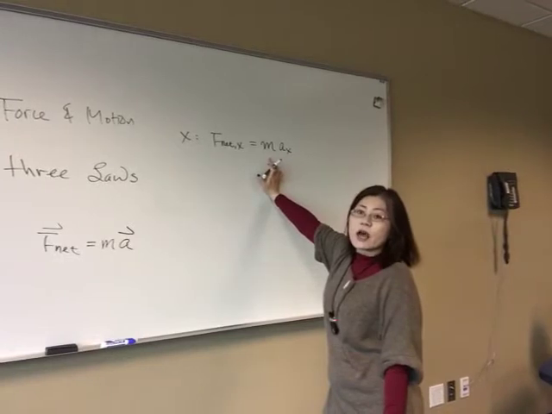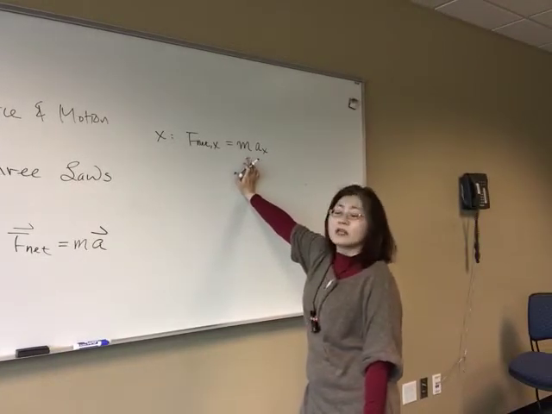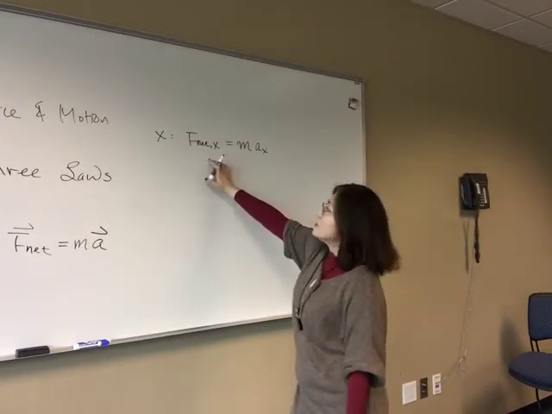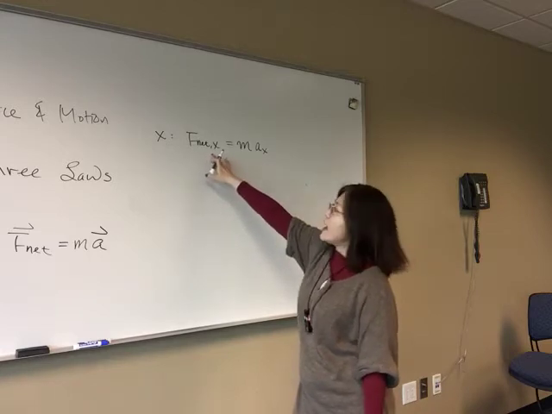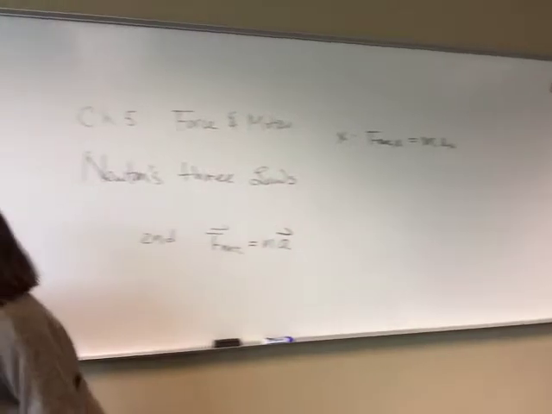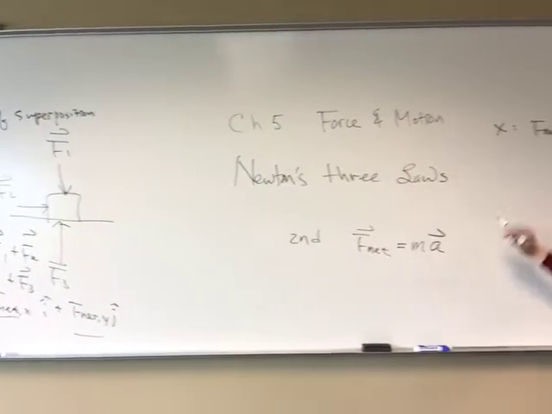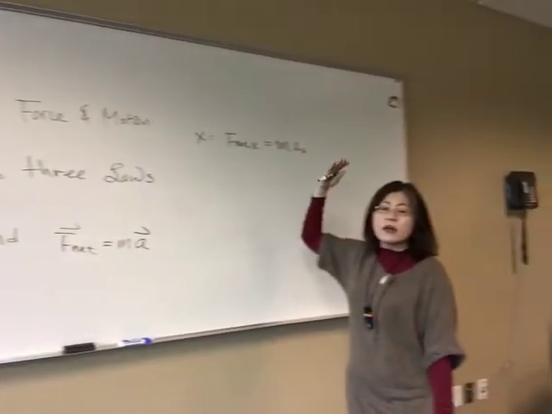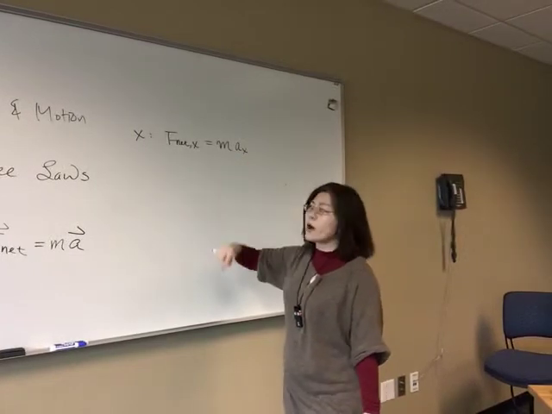Mass is a scalar, so you do not have to resolve it into the x and y components. Force itself is a vector, so it has x, y, z components, as we wrote it here. So you have the x component, you have the y component. Likewise, the acceleration also has the x component and the y component.